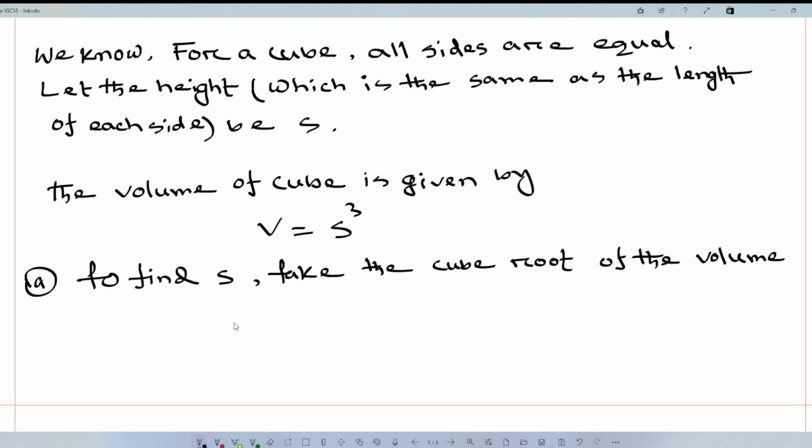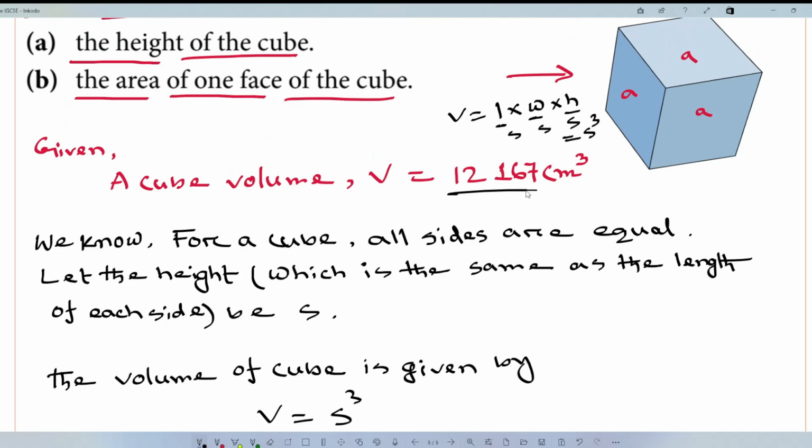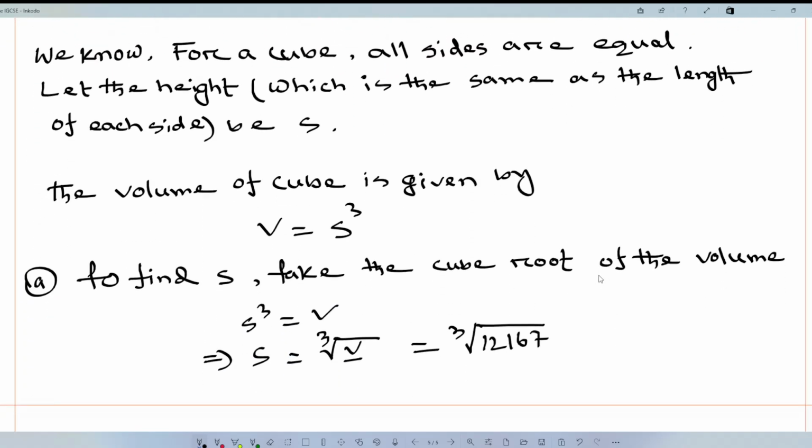So we can write what? S cube equals V, S equals cube root of V. So instead of V we can write 12,167, which is given, right?